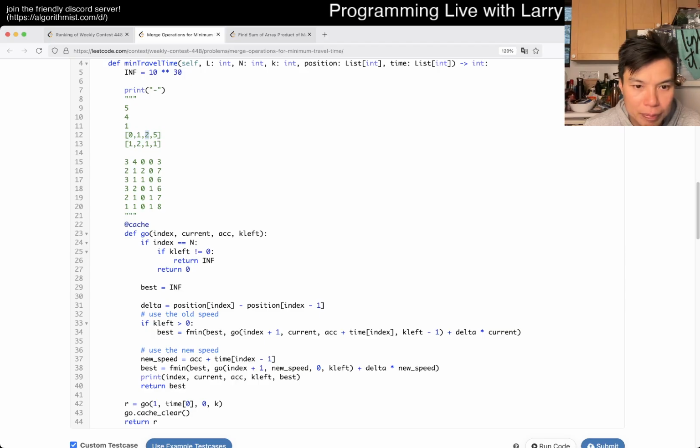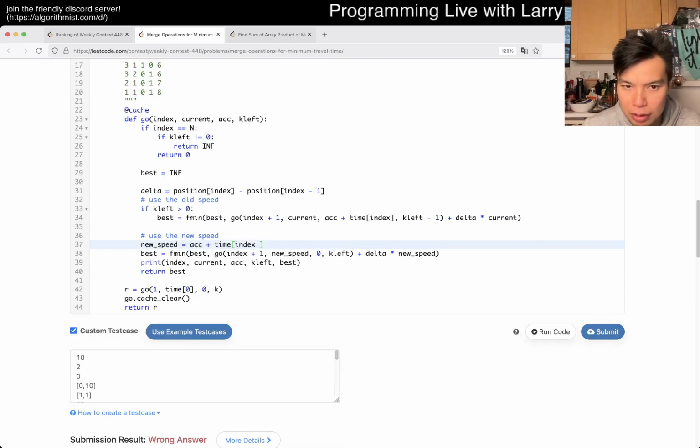So we're here. We're going from 2 to we're here. The current speed is 1. The accumulator is 2. So we want to go forward in the new speed. This should be this, actually.